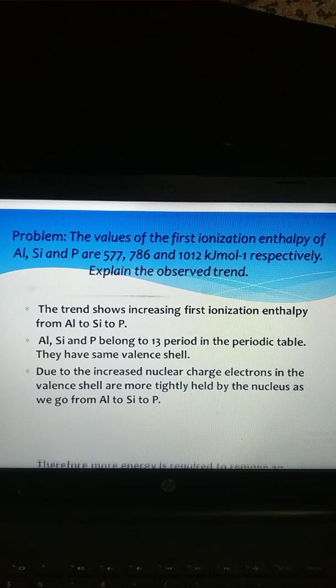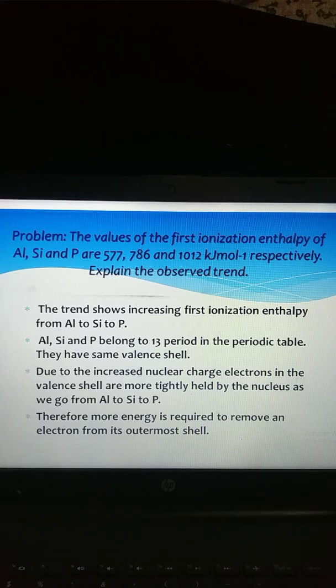And if they are more tightly held, that means there is a stronger attraction. Therefore, more energy is required to remove an electron from the outermost shell.